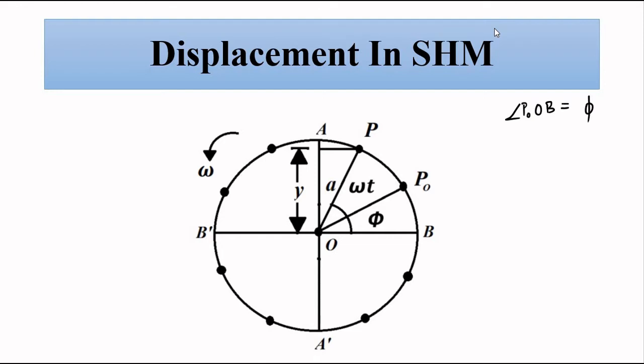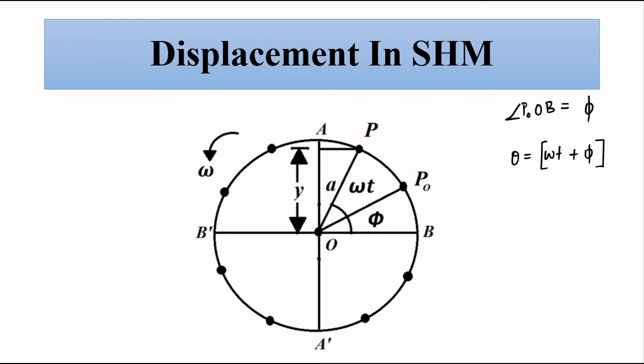To measure the instantaneous displacement y, again we have to do the same thing, but in this case the total angle theta will be omega t plus phi, as this initial phase angle gets added. This also we discussed in the previous video, the general displacement equation.